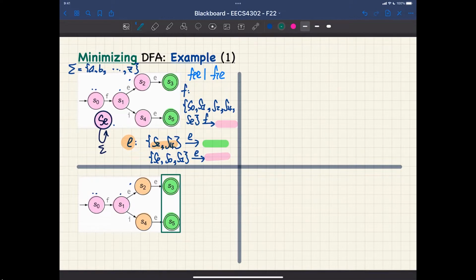If there's any character that will allow one of the 2 states to go to another partition, while the other state stays in the same partition, that means we need a split. Otherwise, no split. In this case, should we split S3 from S5? William, you said no. Why?